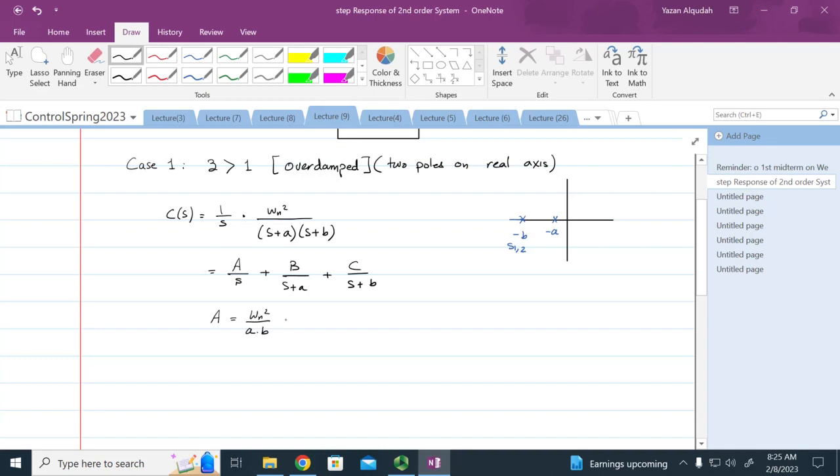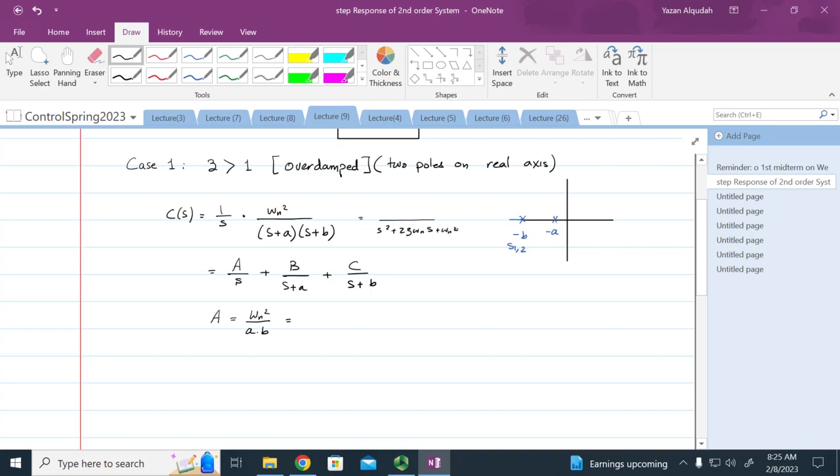Agree? But what is A multiplied by B equal to? That's omega n squared. Agree? Not agree? Everybody? Remember, this is 1 over s squared plus 2 zeta omega n s plus omega n squared.